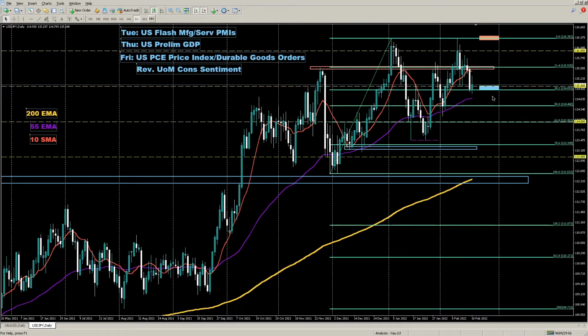So that's just nicely aligned there. Let's move this support back down. There's another support at the 50 Fib retracement. And in case it breaks as well, there's a further one. But for now, let's leave that there.